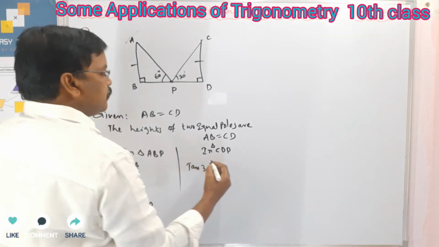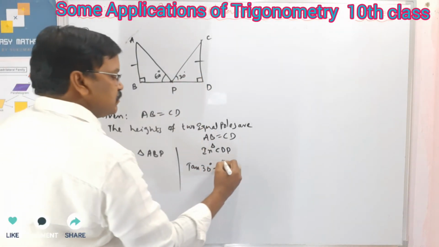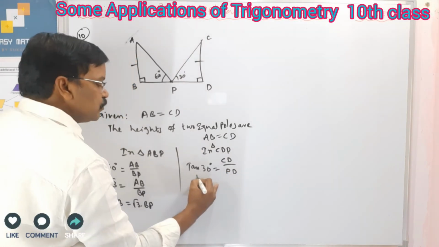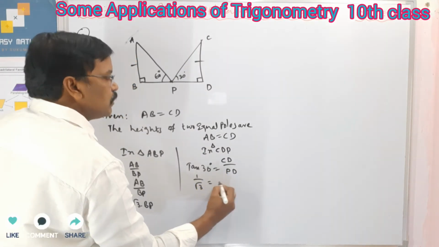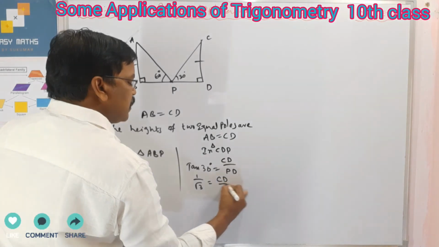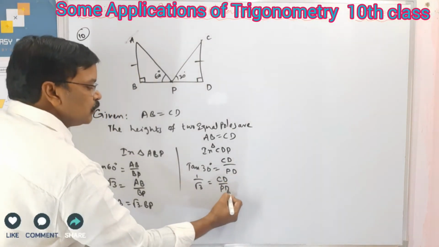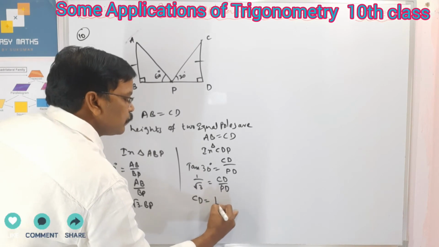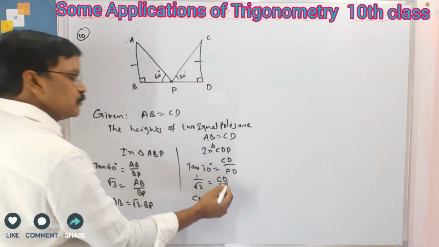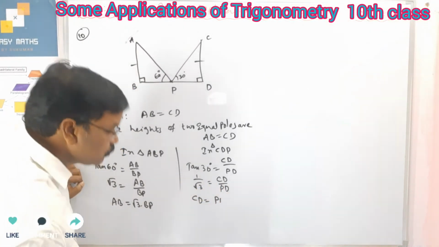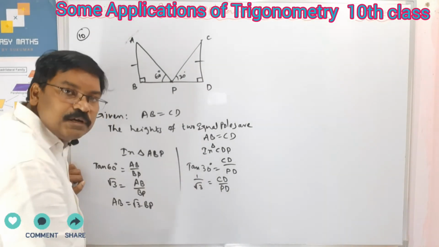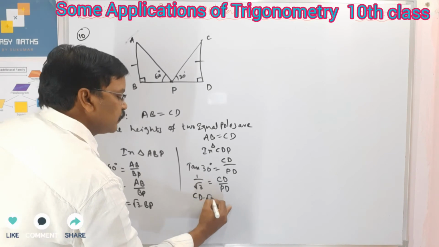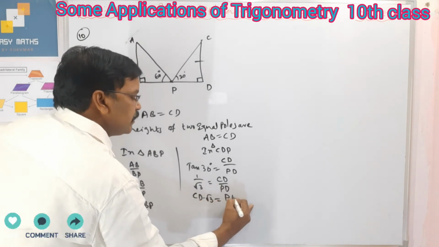Coming to here, my dear students, this tan 30 is CD by PD. So 1 by root 3 is equal to CD by PD. By cross multiplication, CD into root 3 is equal to PD.